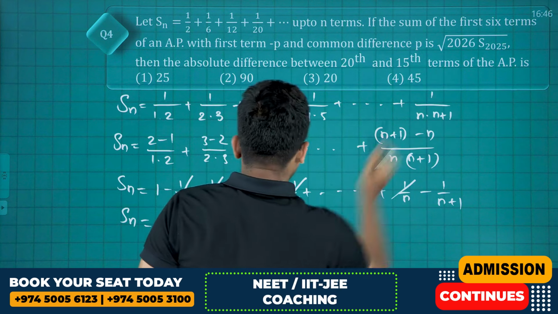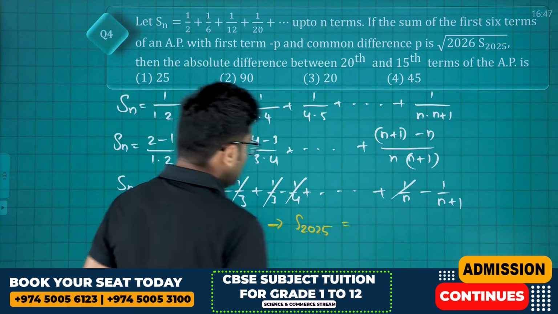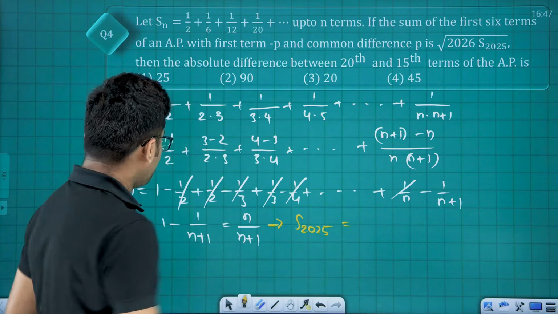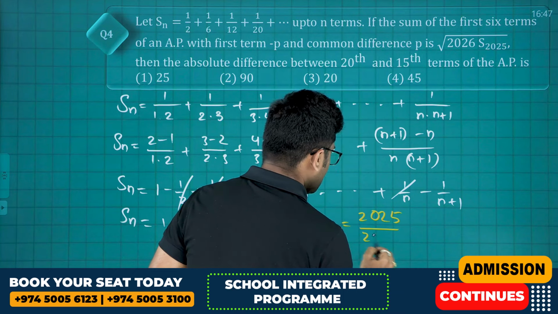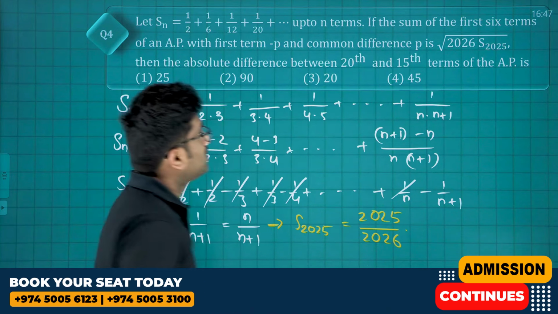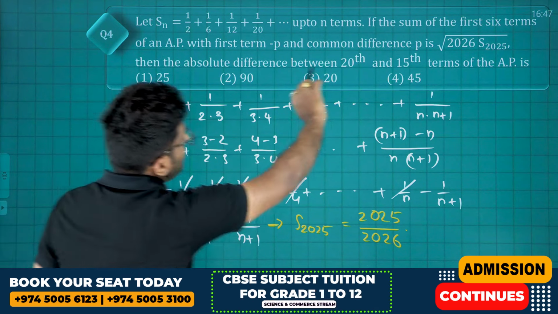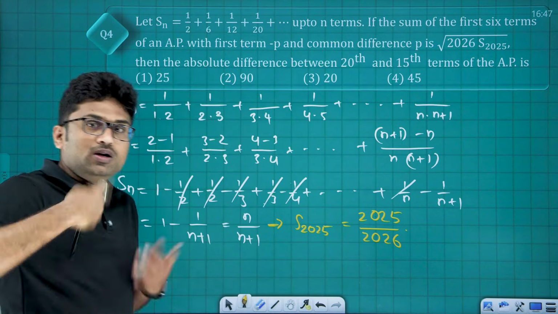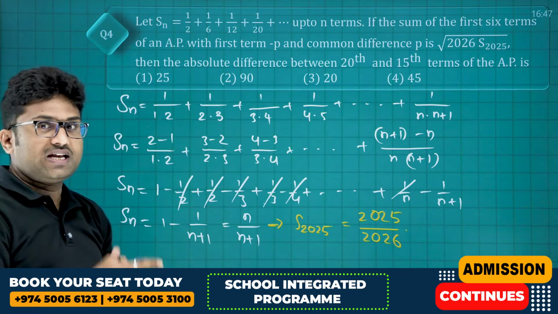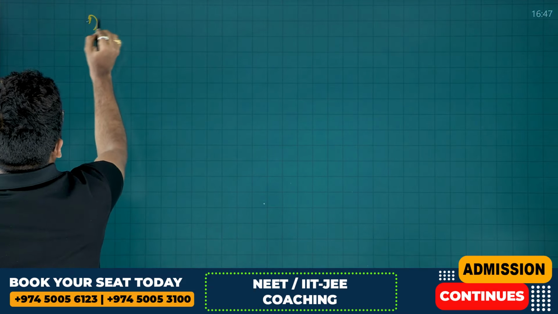Now they have given something, S2025. What is S2025? S2025 is equal to 2025 by 2026. That's it. Direct one it is. 2025 divided by 2026. Now let's come to the next problem. If the sum of the first 6 terms of an AP... now we come to a different part, there is an AP.